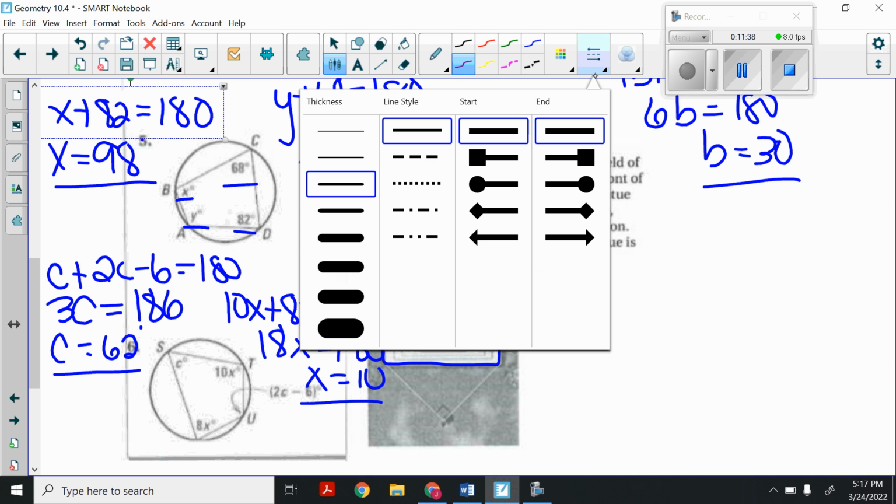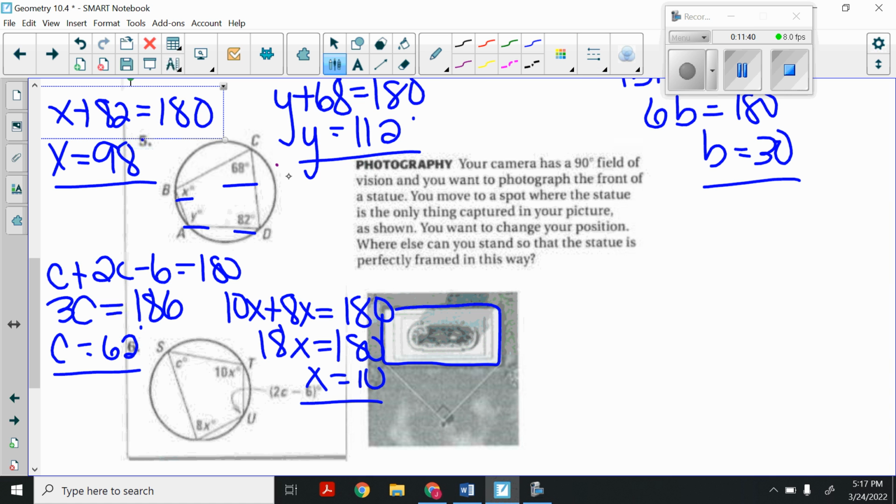So if we look at this, this right here is going to be my diameter. If I draw that semicircle, then any point on the semicircle in front of the statue should fit within a 90-degree field of vision.